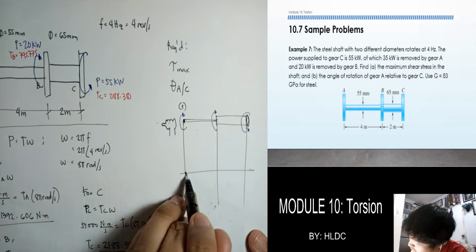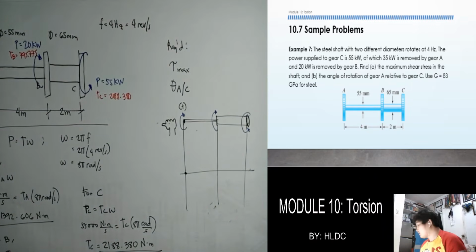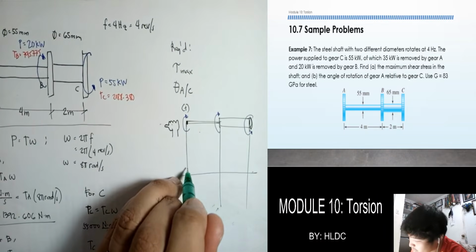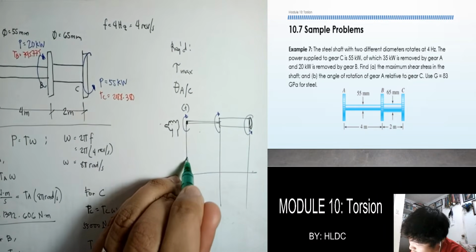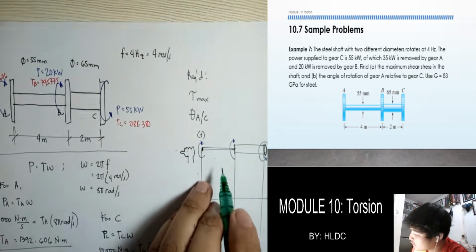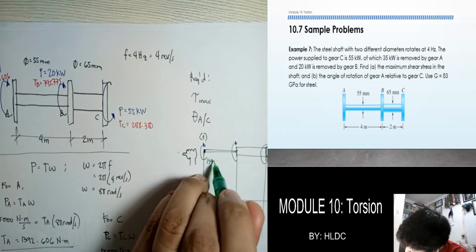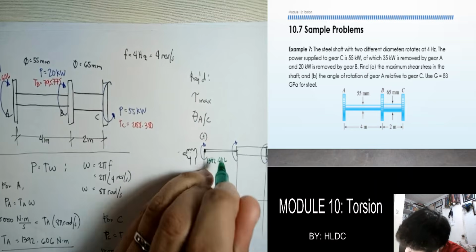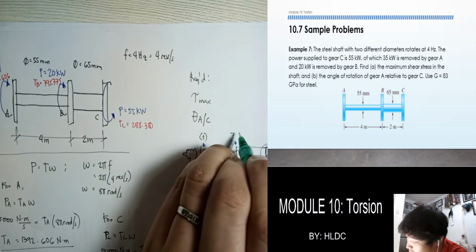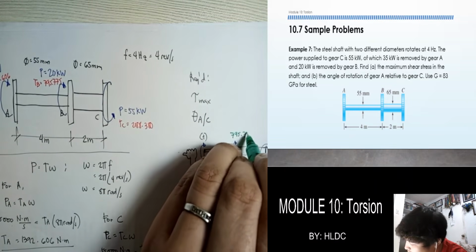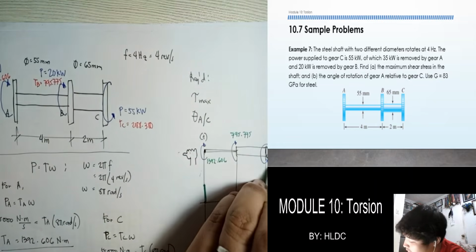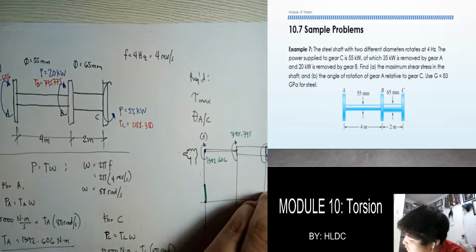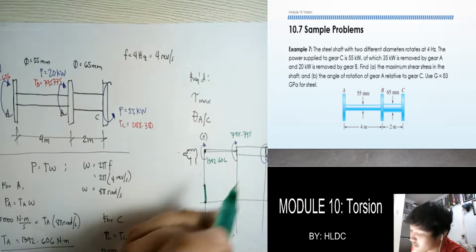Okay, so from 0, ano mangyayari? Aangat siya, di ba? Kasi positive to. So, aangat siya. By how much? Ilan ba to, class? Sulat ko nga. 1392.606. Ito is 795.775. And then ito is 2188.380.